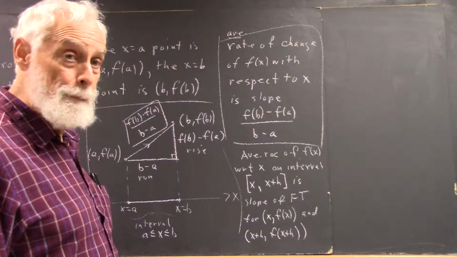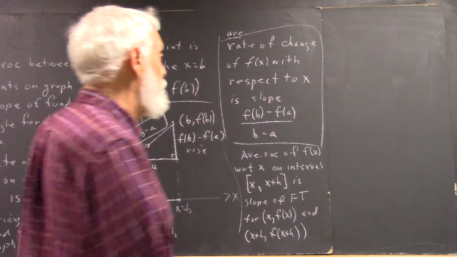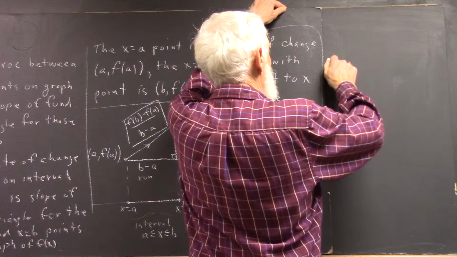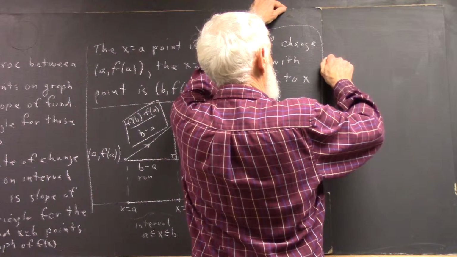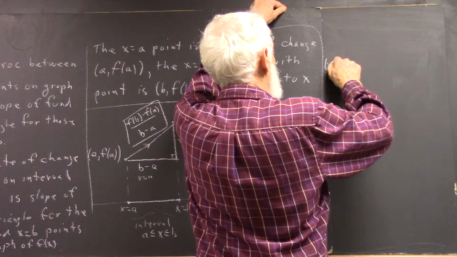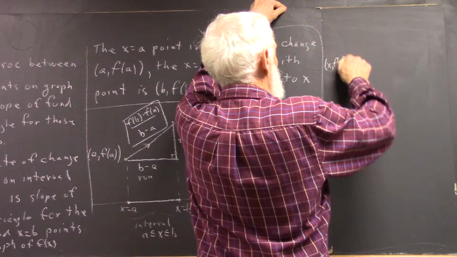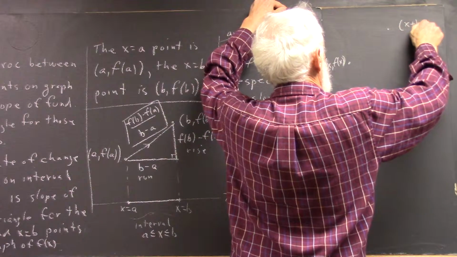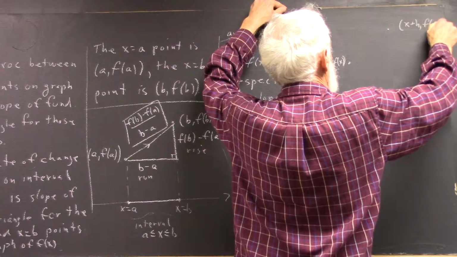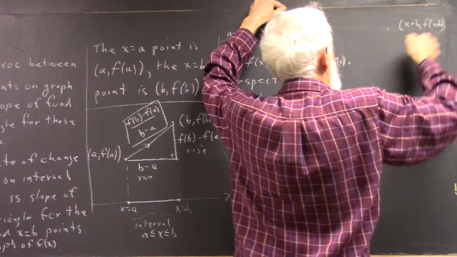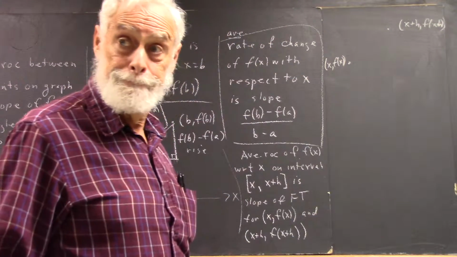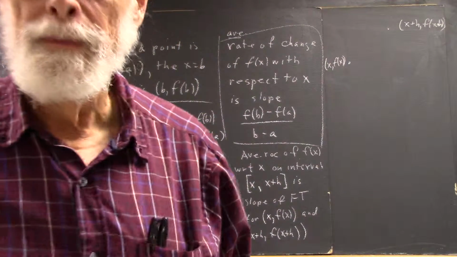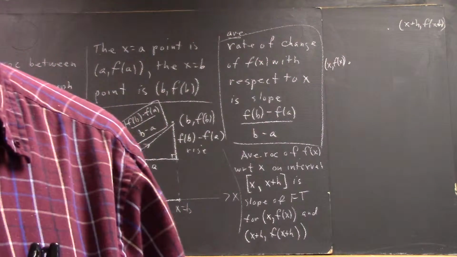Anyhow, what's that? Well, we can draw the triangle. So now we have x, f of x, and x plus h, f of x plus h. Let's make sure the camera's getting the whole thing.